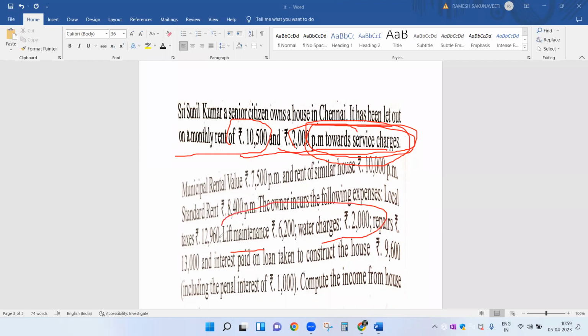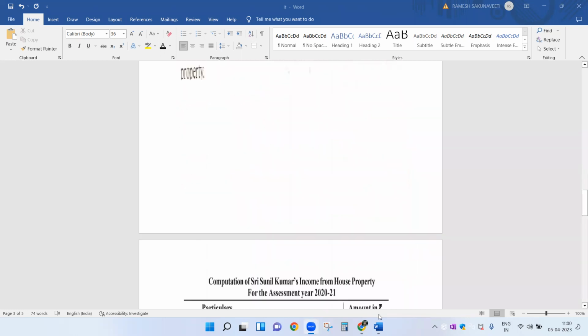These two are the expenses the owner has incurred on lift maintenance and water charges. But normally, those will be deducted from this monthly rent. But for providing these services, he is collecting service charge, 2,000 rupees per month. So that point I will make you write in the working notes.